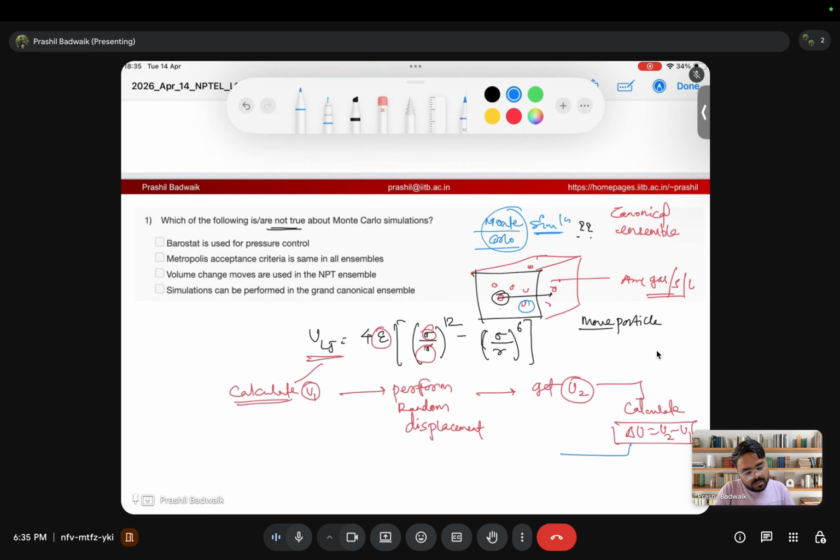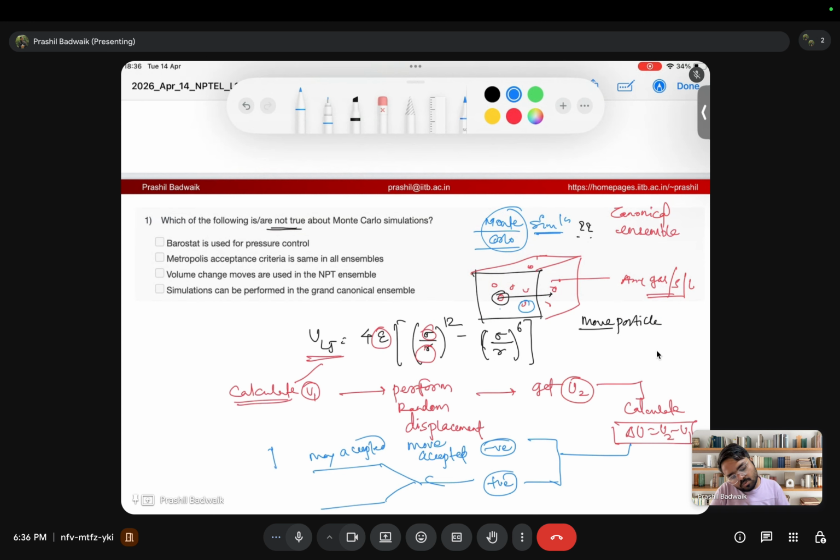If the change in energy is negative, the move is accepted. If it is positive, the move may be accepted, depending on the energy.